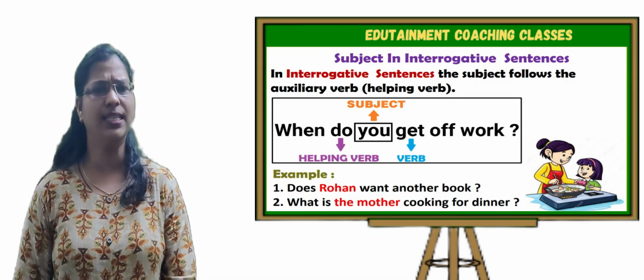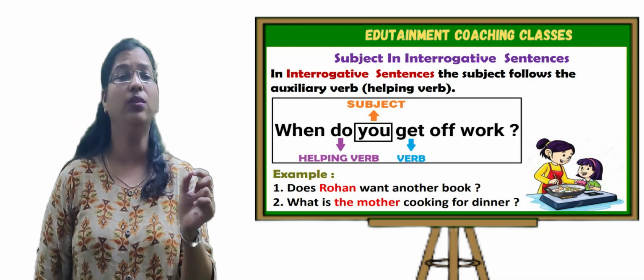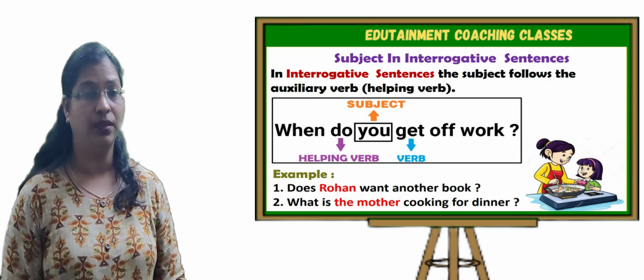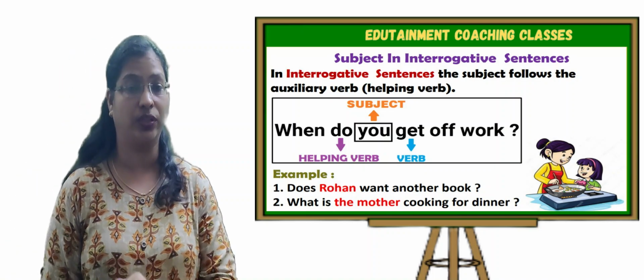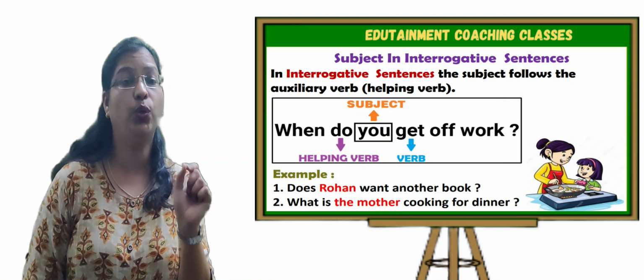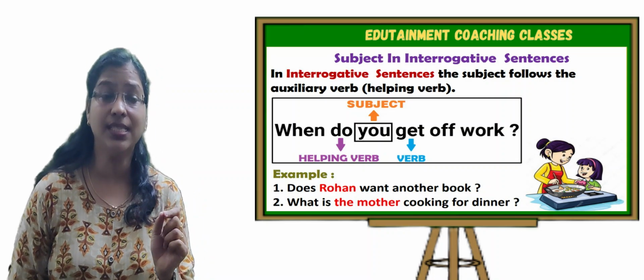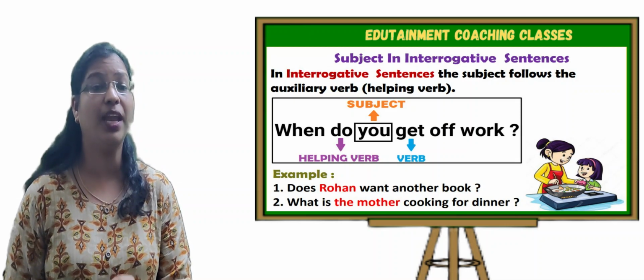So now let us understand in these interrogative sentences how the subject is placed when you have an auxiliary verb. Look at this example. When do you get off work? So here, do get is the verb. Do is the helping verb. Get is the main verb.